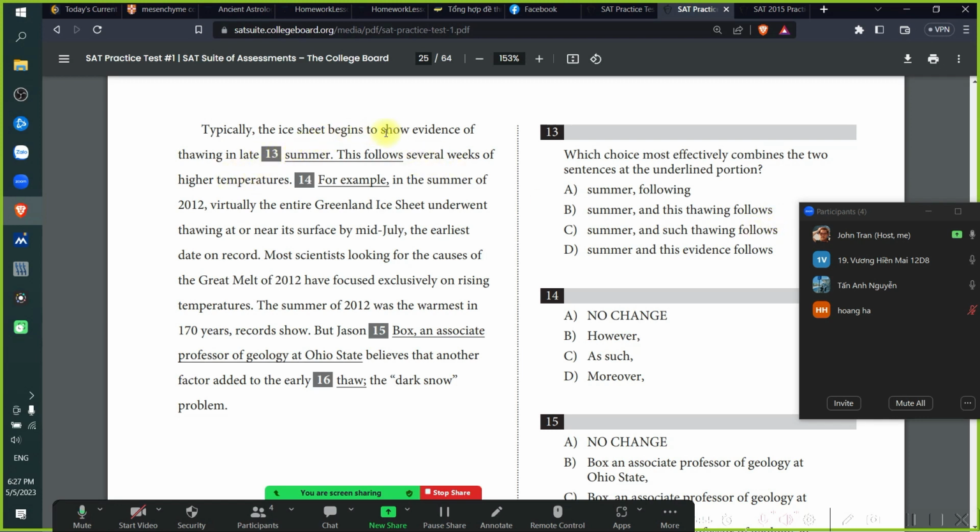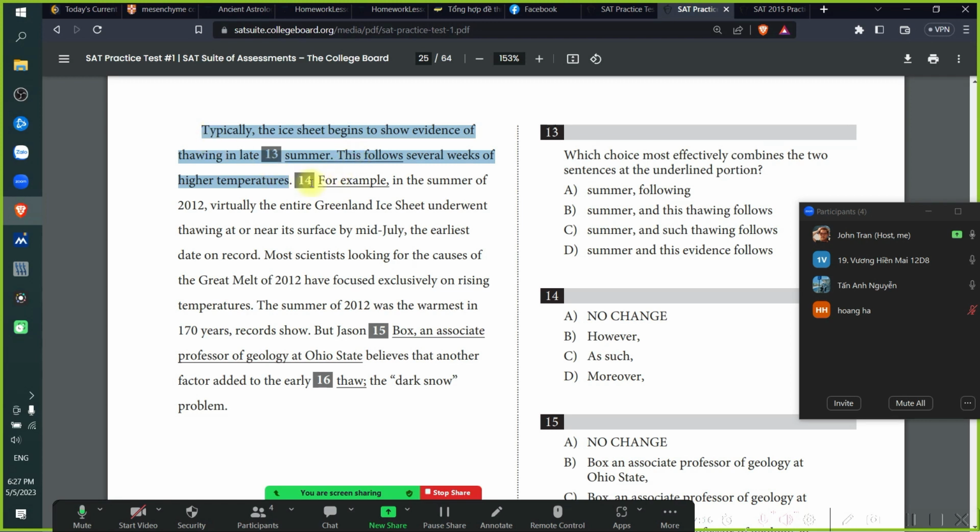Typically, the ice sheet begins to show evidence of thawing in late summer, comma, and this thawing follows several weeks of high temperatures. Because these ideas are very much linked together, isn't it?